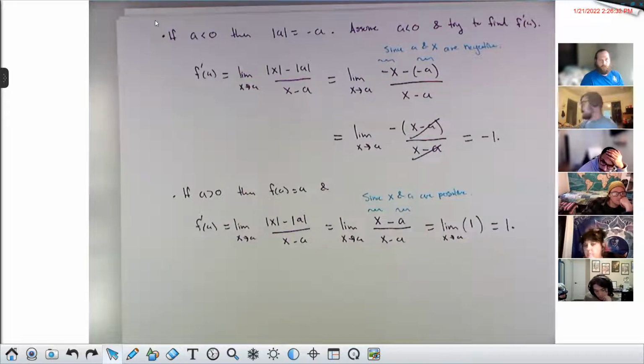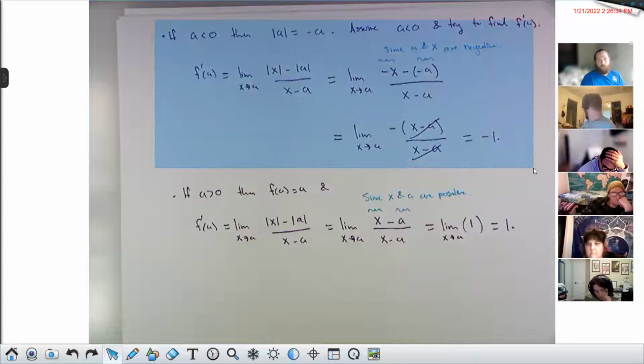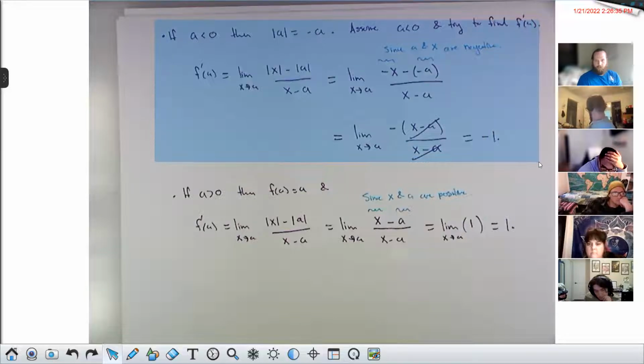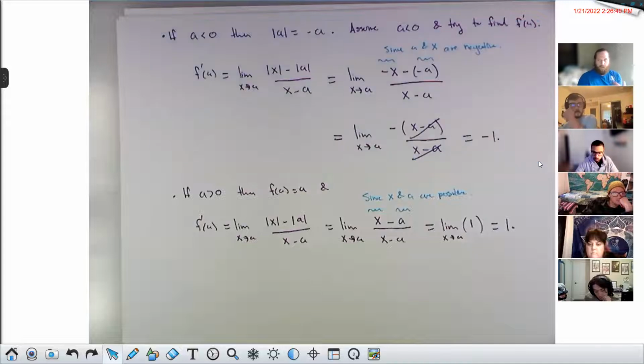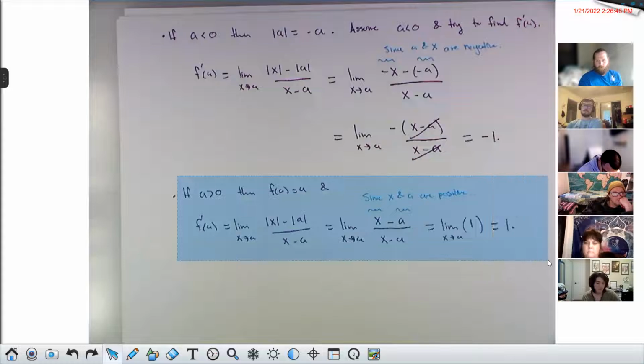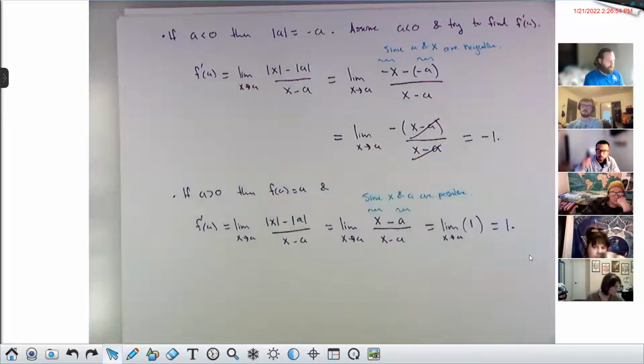So what we've shown here in the first part is that f of x equals the absolute value of x is differentiable for all negative numbers a, and the derivative there is -1. Here what we've shown is that f of x equals absolute value of x is differentiable for all positive numbers a, and that the derivative there is always equal to +1.